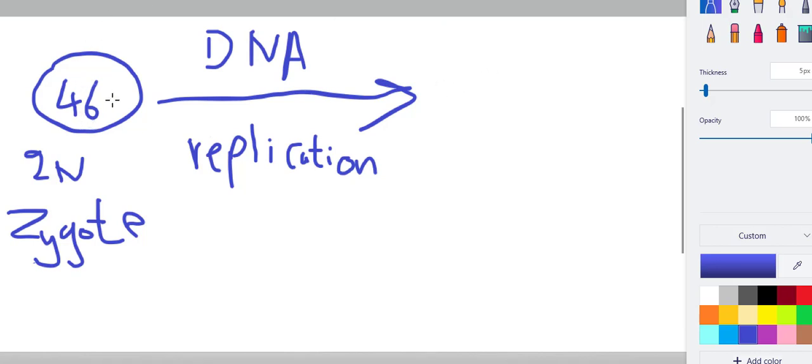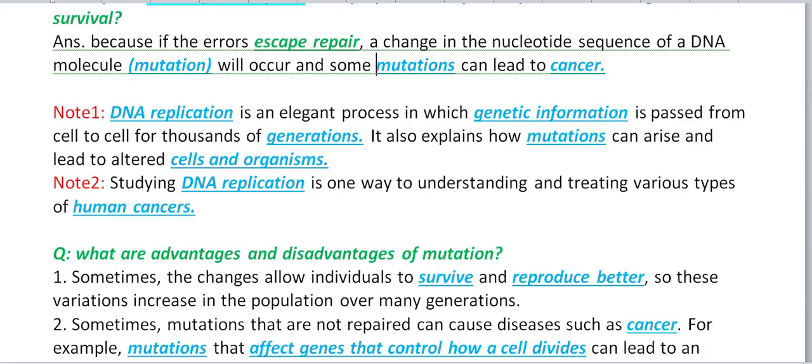See this figure. This is one of the cells. This is the nucleus of the cell, containing 46 chromosomes, or diploid 2n. This is the zygote. By DNA replication it forms millions or even billions of cells, and each cell contains 46 chromosomes. By which process is this number preserved for all cells? By DNA replication.